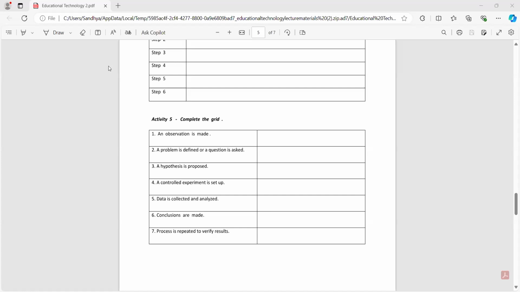And sixth one, conclusions are made: bees need more thick forest for their breeding and spreading. Last one is repeating the experiment.